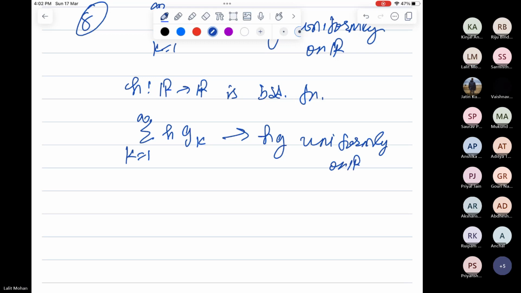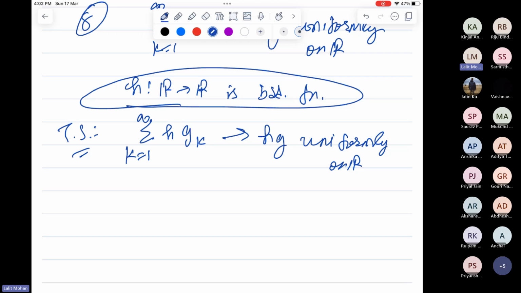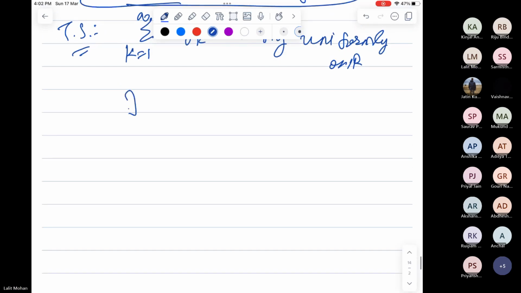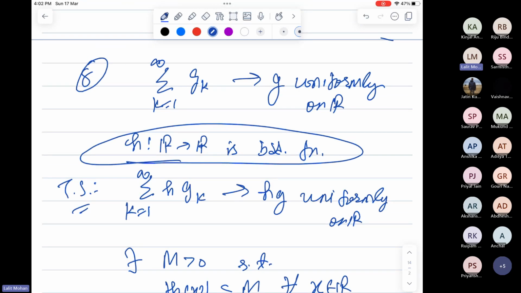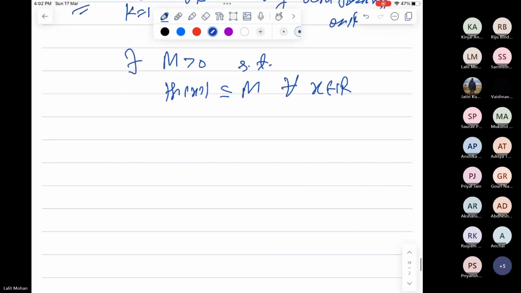To show: first thing, it is given that h from R to R is a bounded function, means there exists an m positive such that |h(x)| is less than or equal to m for all x belongs to R, right? It is given that this series converges to G uniformly. So I am defining the sequence of partial sums. S1 is G1, S2 is G1 plus G2.